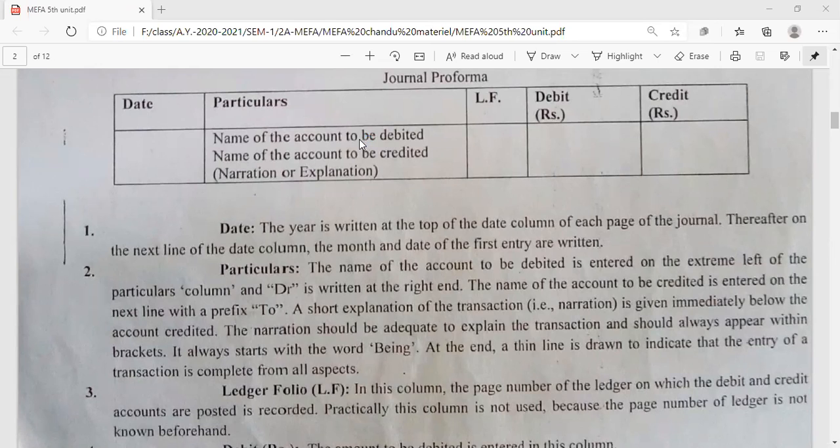That means here we are debiting from the capital account. On what page you have written in the capital account, you have to write there. LF means ledger folio number there.